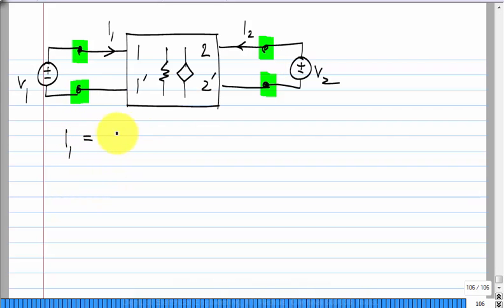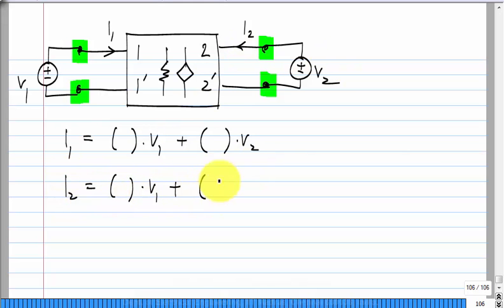So I1, what do you expect the form of I1 to be? Something times V1. You just said it's a linear combination, right? Every branch voltage and current is a linear combination of V1 and V2. So this is also something times V1 plus something times V2. And this I2 is also something times V1 plus something times V2.